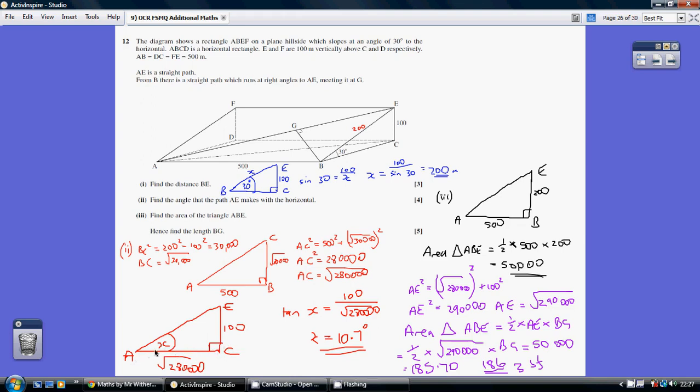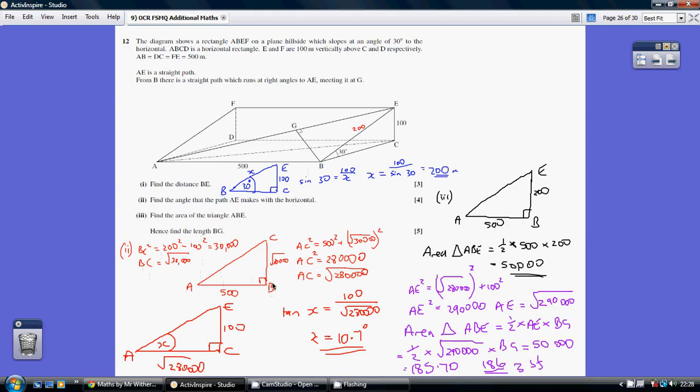Okay. Now this is going to take me a while. I'm going to be able to get AC if I consider the triangle ABC, when AC would then be the hypotenuse. But even before that, I've got to work out what BC is, because I need that for my triangle. So consider the triangle ABC.